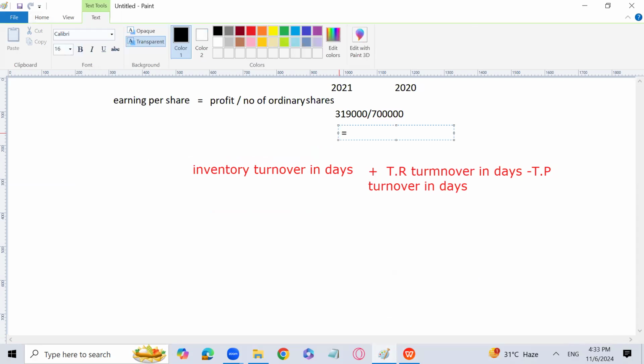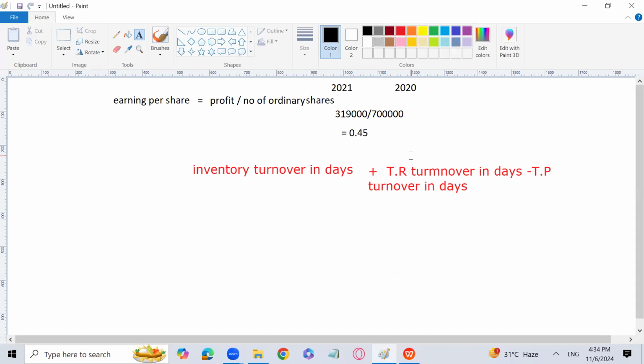It is 0.45 per share, which means the profit we are getting on each share in this year is 0.45.